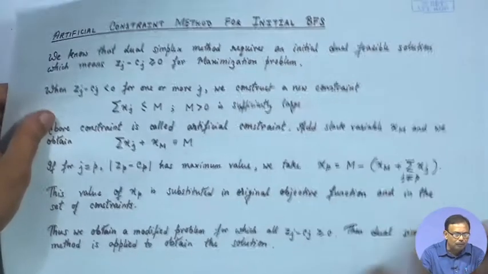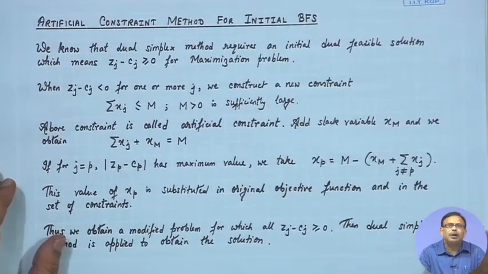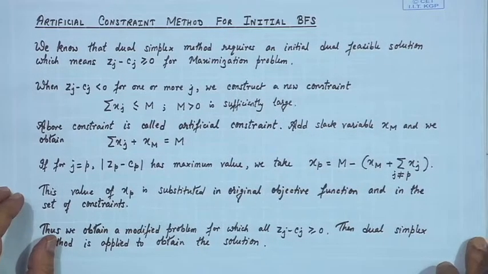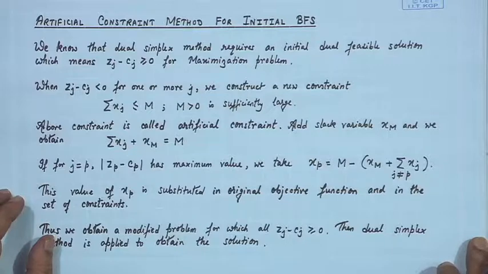Now, we will discuss that part also when we do the examples. Artificial constraint method for initial basic feasible solution. As you know, the dual simplex method requires an initial dual feasible solution, which means z j minus c j should be greater than or equal to 0 for a maximization problem.